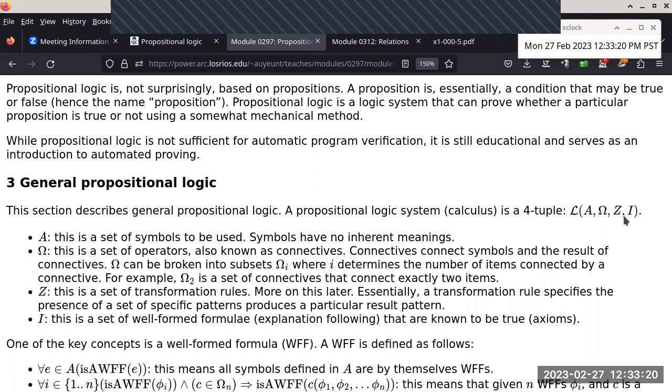So the question is, what are these things? A is a set of symbols to be used, and symbols basically have no inherent meanings whatsoever. I'll give you an example in just a little bit, but right now I'm just going to say what each one is. Omega is more interesting because omega is a set of what we know as operators.